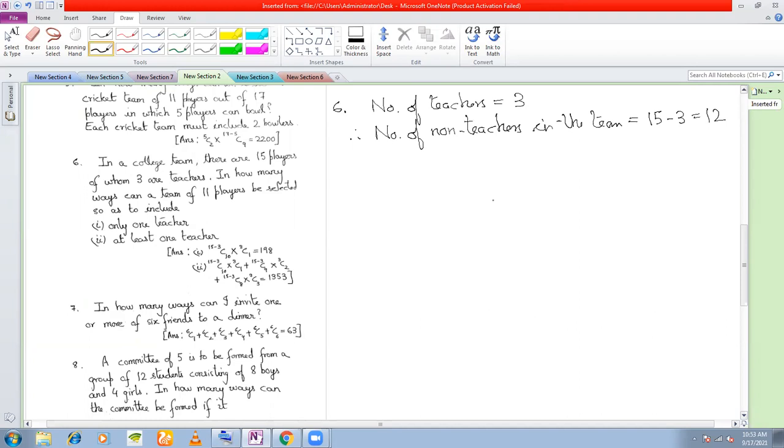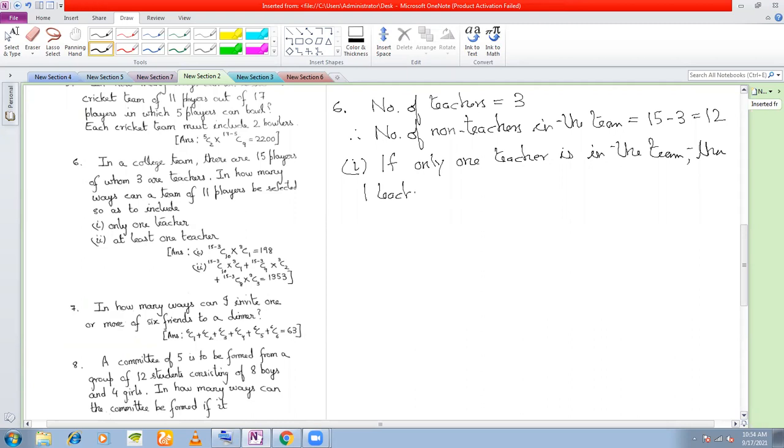Question is, in how many ways can a team of 11 players be selected so as to include only one teacher or exactly one teacher? So if only one teacher is in the team, then out of how many teachers we have to select one teacher?